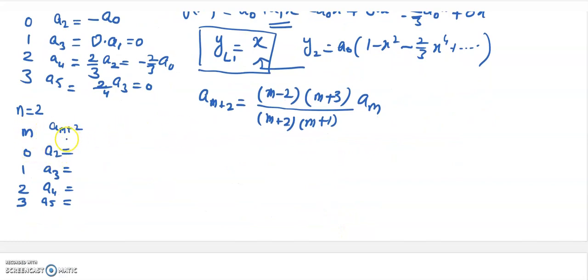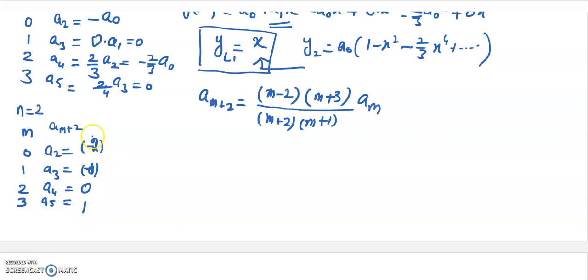So in this case, now the relationships are in terms of m minus 2 and m plus 3. So m is equal to 0 in this case, so it will be minus 2, then minus 1, and then it is 0, and then it is 1.